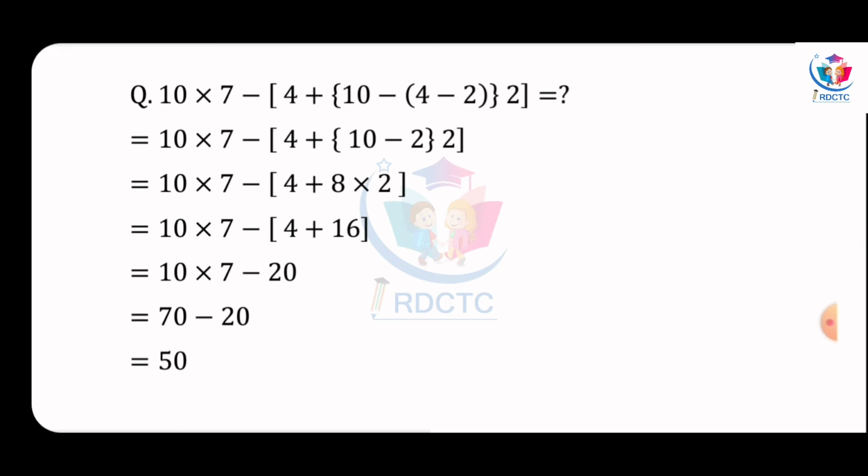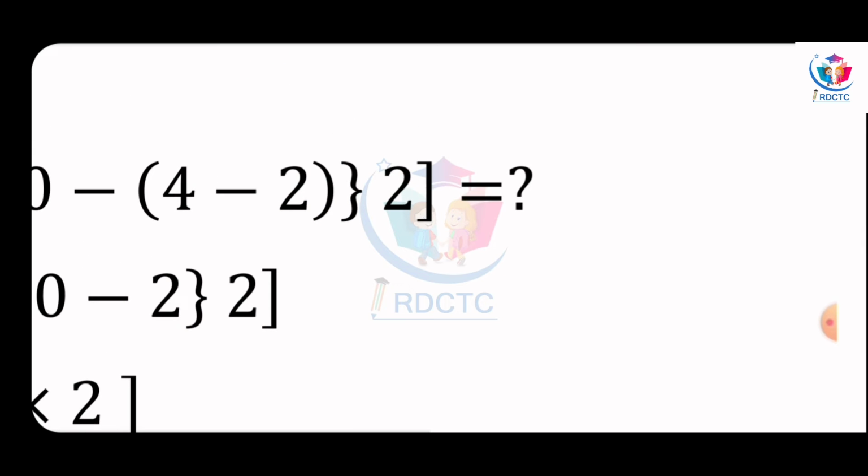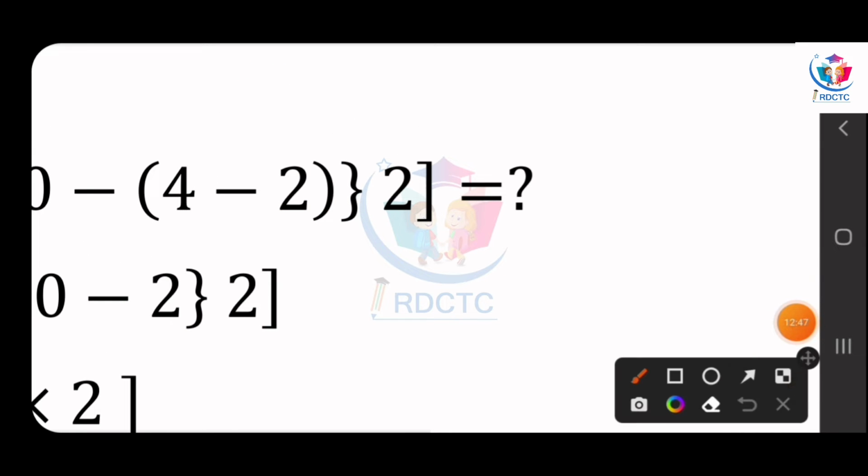Okay, look here carefully. There is no symbol here. It means here we have to multiply them. Sometimes the examiner gives you this type of question and it means multiplication.